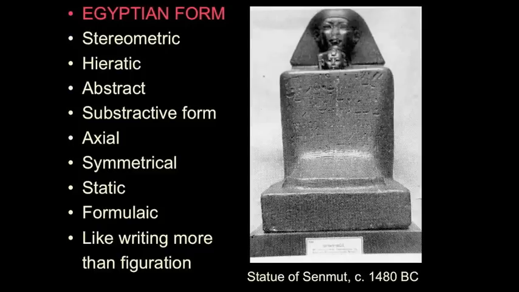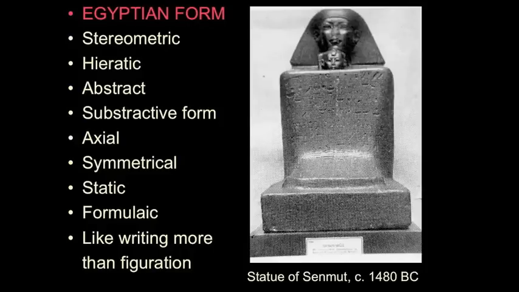Part of the things that make it so ritualized, so hieratic, are the extremely formalized organization of parts. It is axial, there's an axis, it's symmetrical, both sides reflect around the axis, it's static. This guy does not imply movement, but stasis. It's formulaic. It's almost more like writing than like portraiture. And in fact, if you look at the cube, you can see that on the cube there is a kind of writing inscribed.